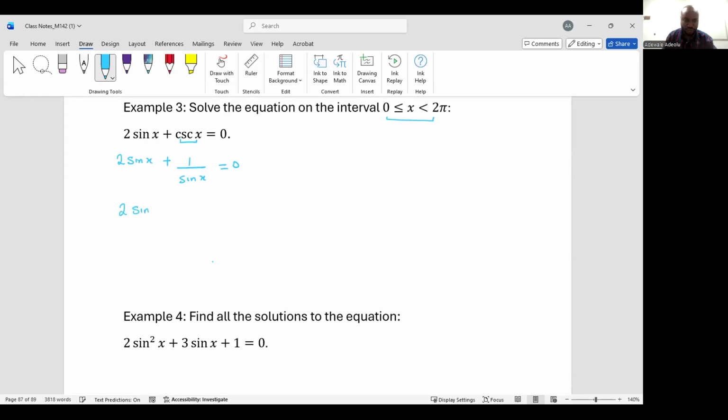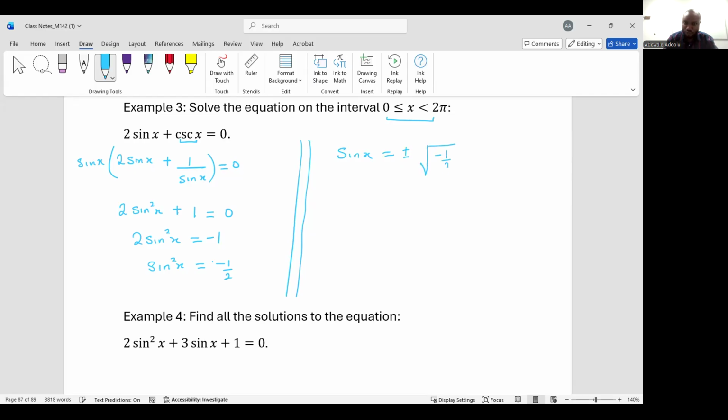That means I will have 2 sine squared of x plus 1 equals 0. And I have 2 sine squared of x equals negative 1. Sine squared of x equals negative 1 over 2. And I have sine of x equals plus or minus square root of negative 1 over 2.